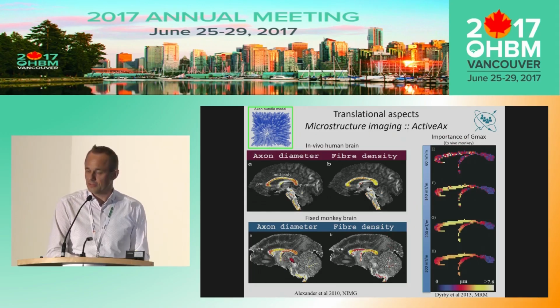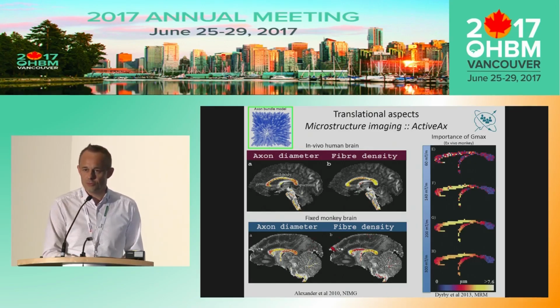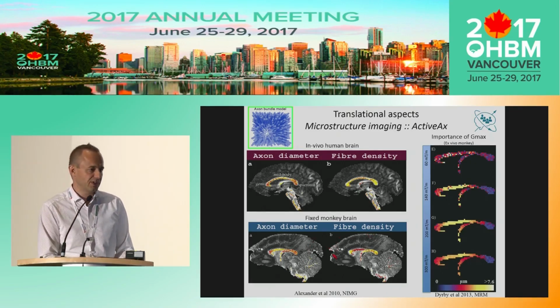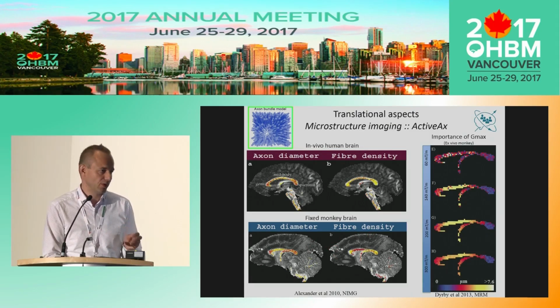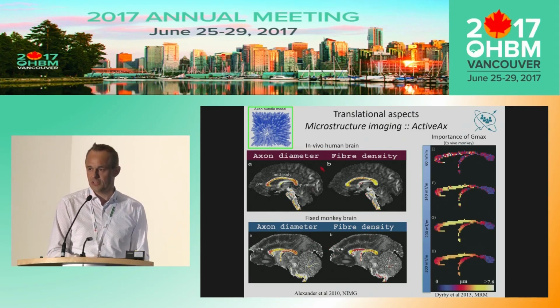But there are also things that are different between in vivo and ex vivo. For example, when we do compartment modeling here in ex vivo, we observe a small compartment of spins, of water molecules, that are captured during the diffusion time. So they do not move. And this compartment you do not see in vivo.